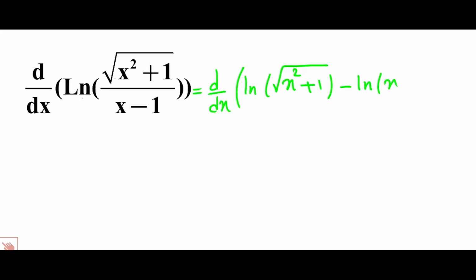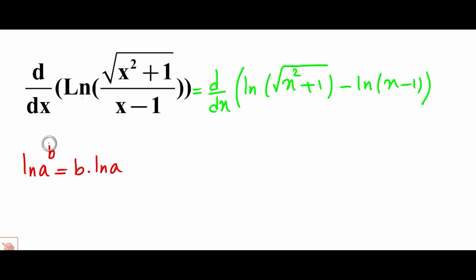The derivative of ln of the square root of x squared plus 1 over x minus 1. So we have the derivative of ln of the square root of x squared plus 1 minus ln of x minus 1. Okay, but remember that ln of a to the power of b is equal to b times ln of a.